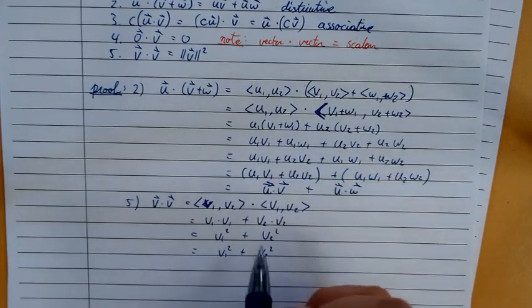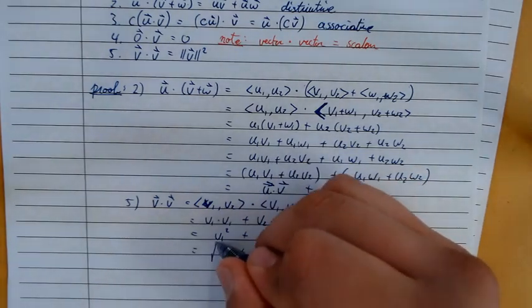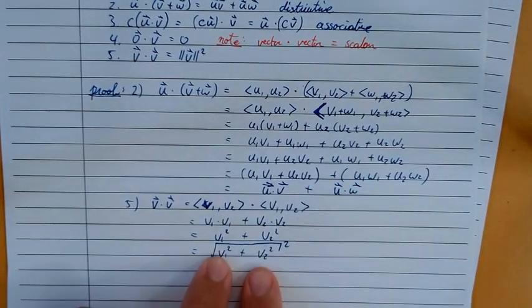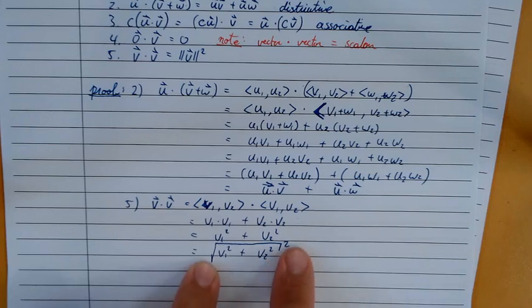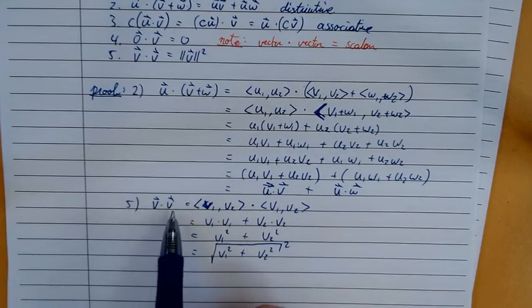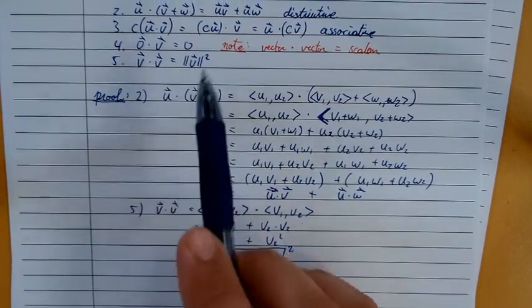Oh yeah, but where are we going to get a square root from? Well, if you put a square root and square it, these are both positive, so taking the square root and the square doesn't change anything. This is equivalent to what we had before. Oh, but now that's the magnitude with a square on it, which is what we wanted. So this confirms our result. The dot product of V with itself is the same as the magnitude squared.